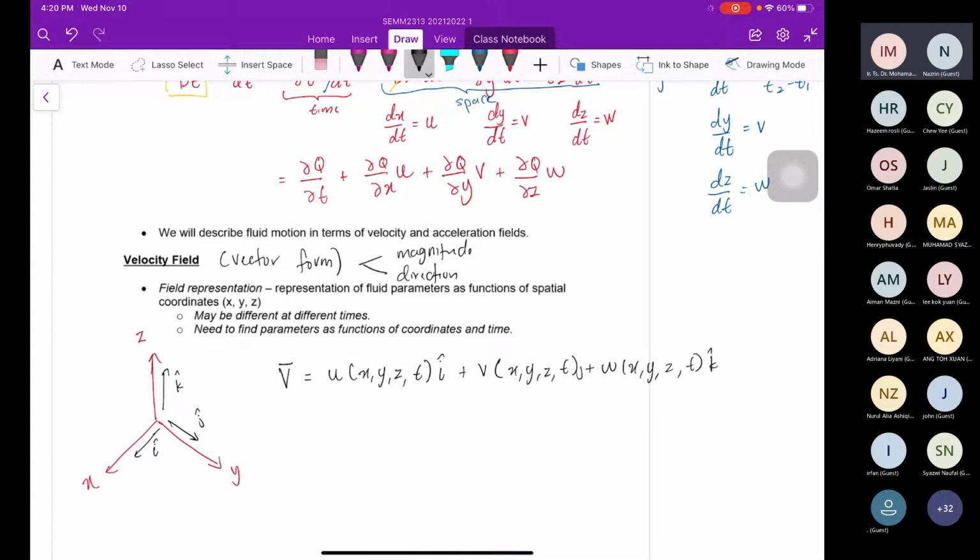So this is the velocity in vector form, I, J, and K. To get the magnitude, V equals the square root of U squared plus V squared plus W squared.